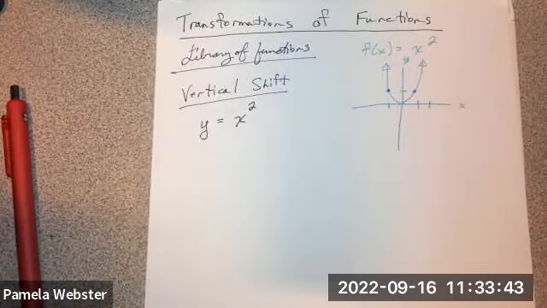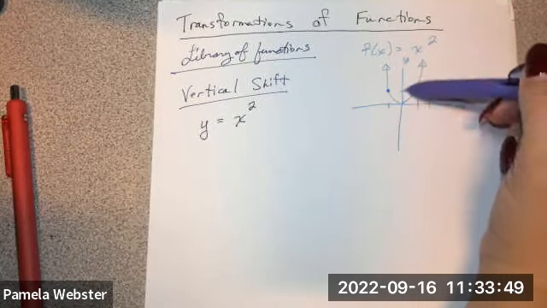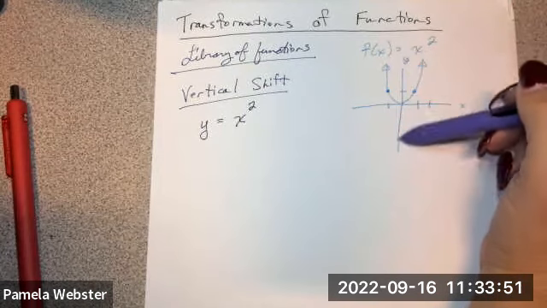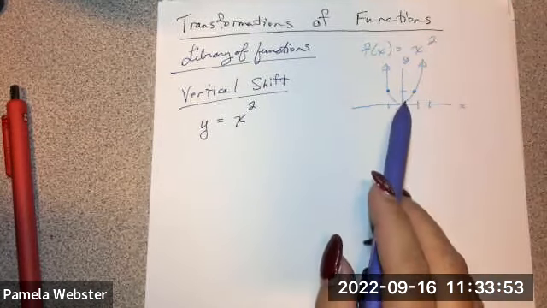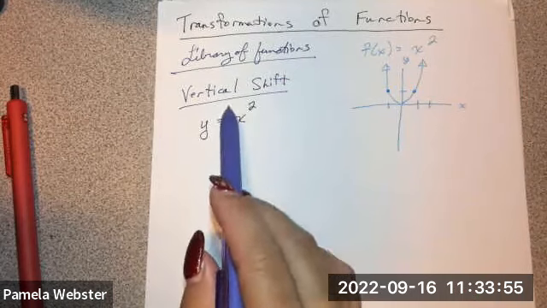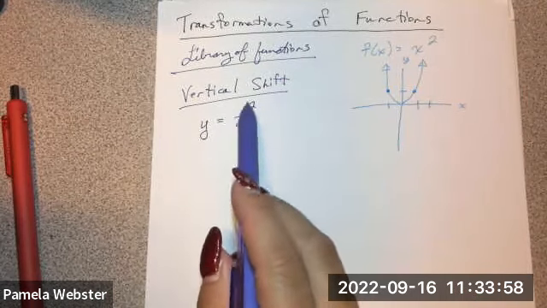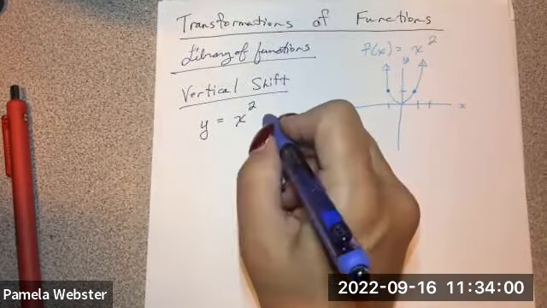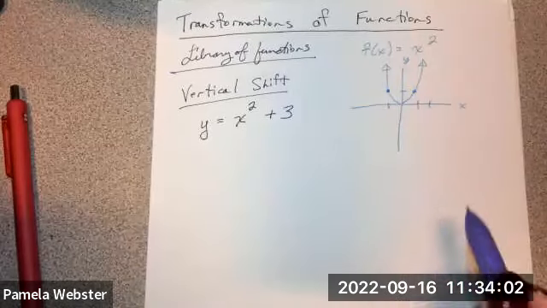And on the outside, I'll either add or subtract a number, okay? So what I want you to start thinking is that the Y is the up and down, right? And things that affect the Y are going to happen outside of this function, okay? So x squared plus 3, for instance.